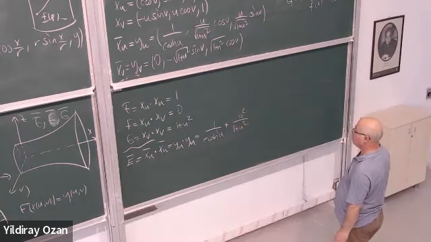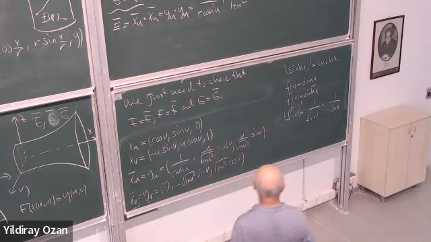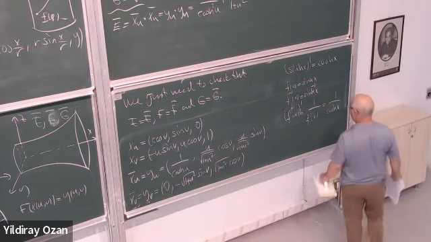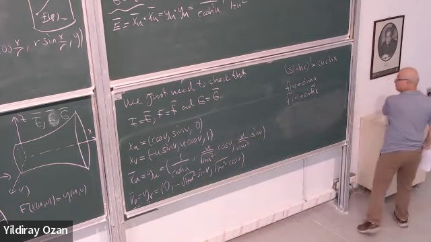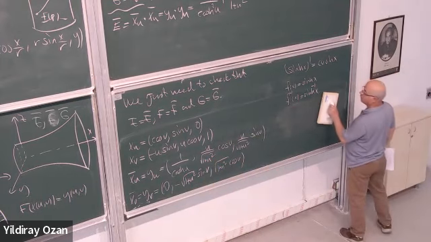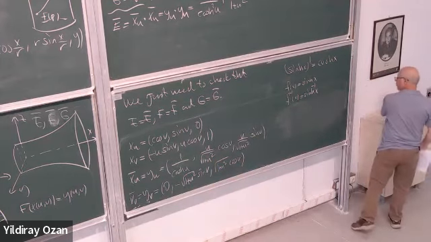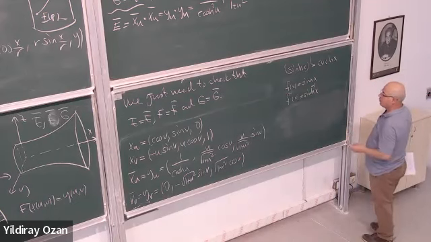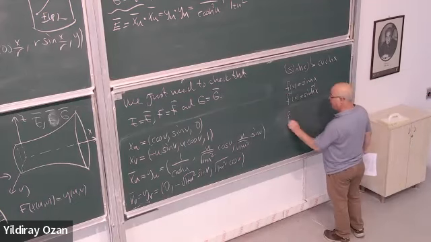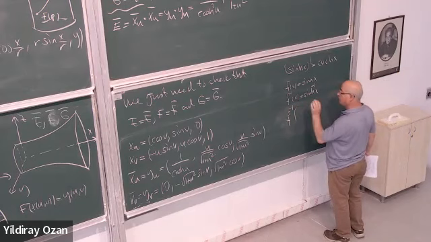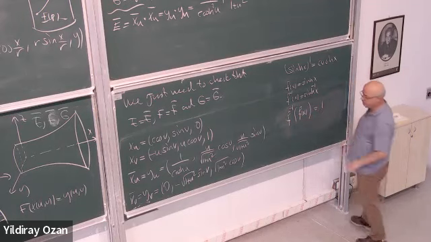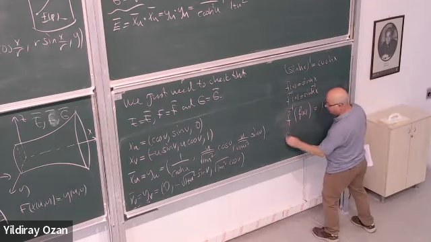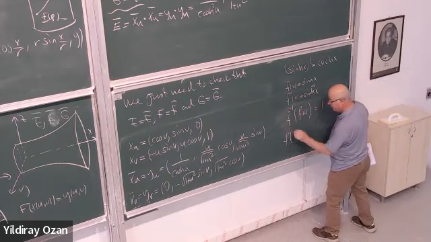We have to be careful here, I guess. I shouldn't put y here, right? Okay, we have this. F inverse of f of x is equal to x. So when we take the derivative, you have this derivative.